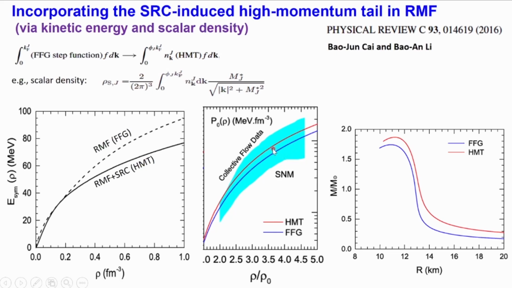This increased pressure will allow you to support more massive neutron stars and also make the radii a little larger. So these are some of the direct effects of short-range correlation on properties of neutron stars within this relativistic mean field model, by considering the short-range correlation effect approximately through the momentum distribution.